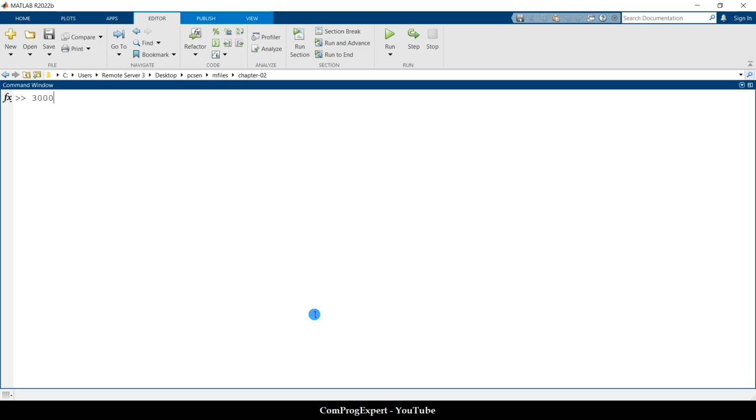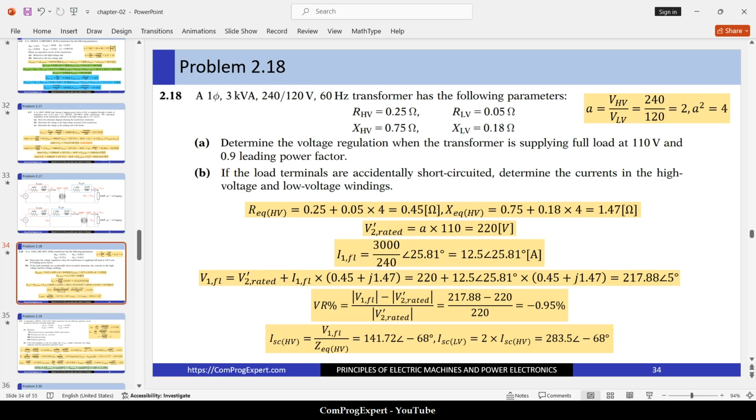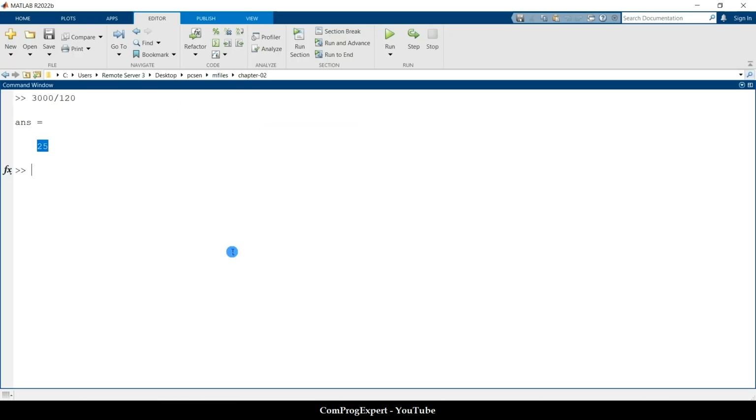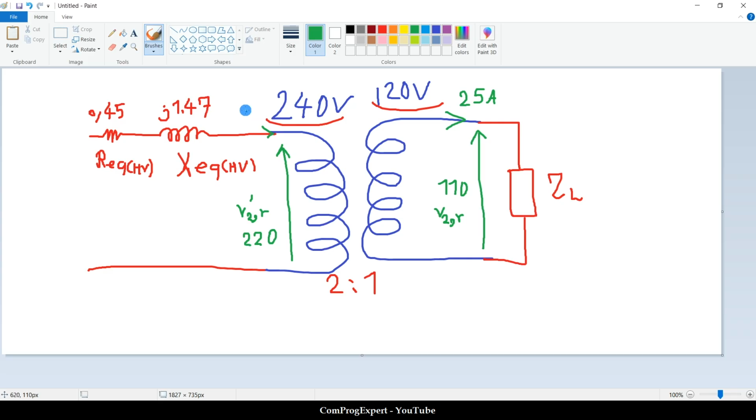It is 3000 divided by 120, that is equal to 25. Yes, this is the rated current here, 25 amps. The rated current for the primary is equal to this one, 12.5. This is the value of the current.